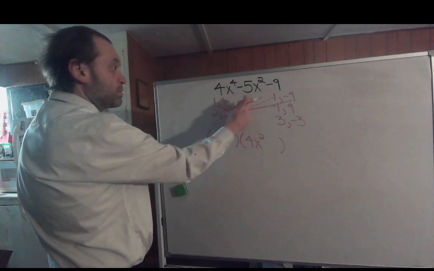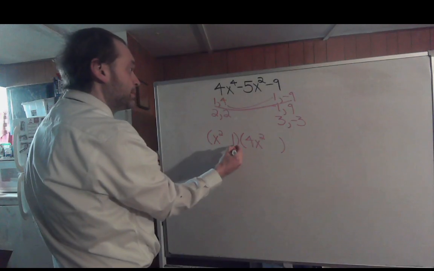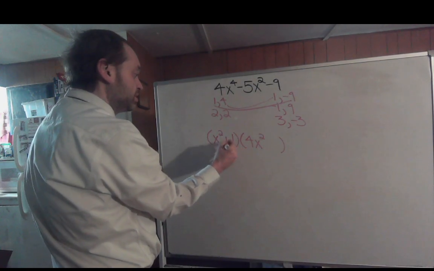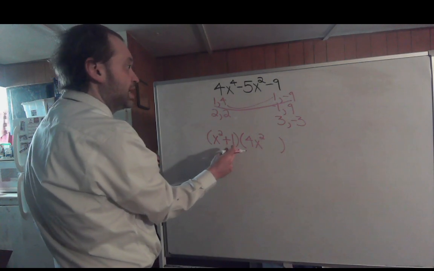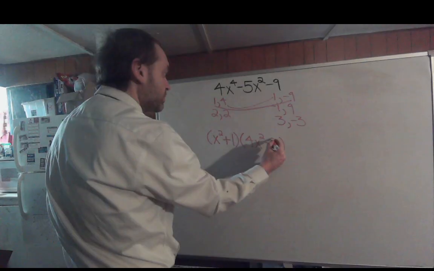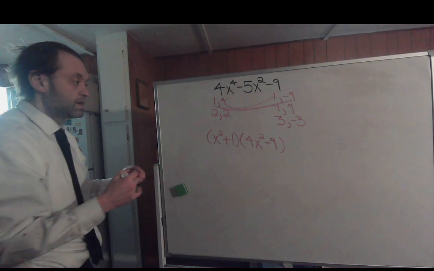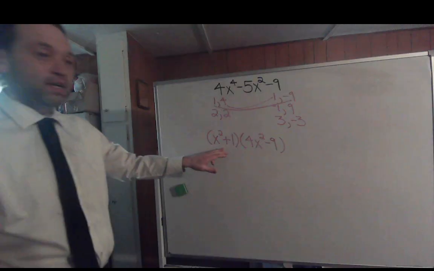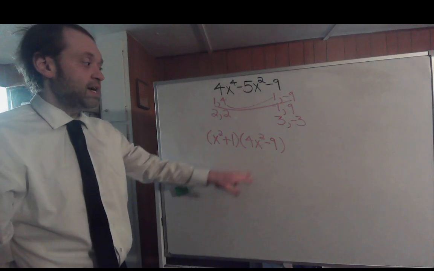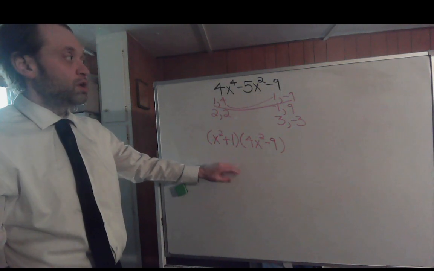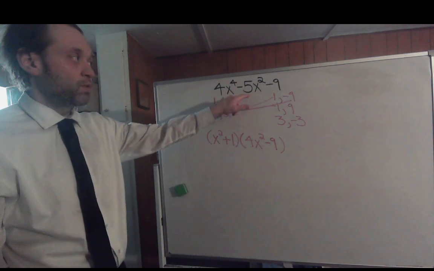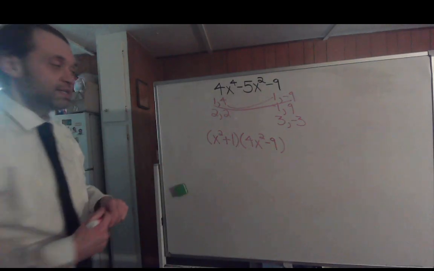All right, the 4 was multiplied by 1, so this would be plus 1. And then the 1 was multiplied by negative 9. So you'd have 4x squared minus 9. So you'd end up with the quantity of x squared plus 1 times the quantity of 4x squared minus 9. And if you FOIL all this out, you should get 4x to the 4th minus 5x squared minus 9.